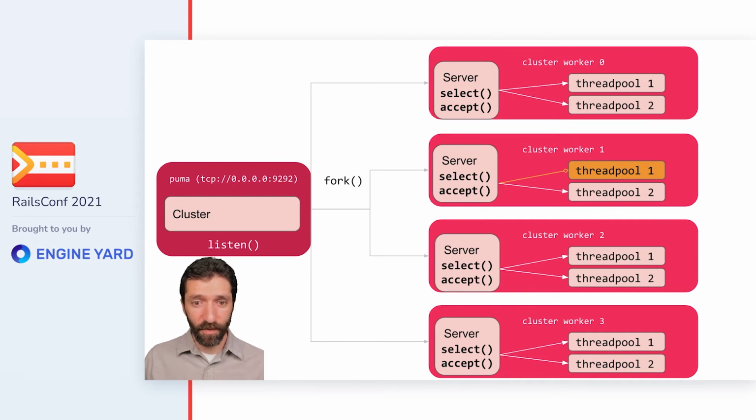And then this server loop calls select, which waits for incoming data on the socket, and then accept, which opens a TCP connection that then gets passed to one of several threads in a thread pool, one for each worker. And in the thread pool, the HTTP request is processed, the Rack application is called, and then the response is written back to the TCP connection.